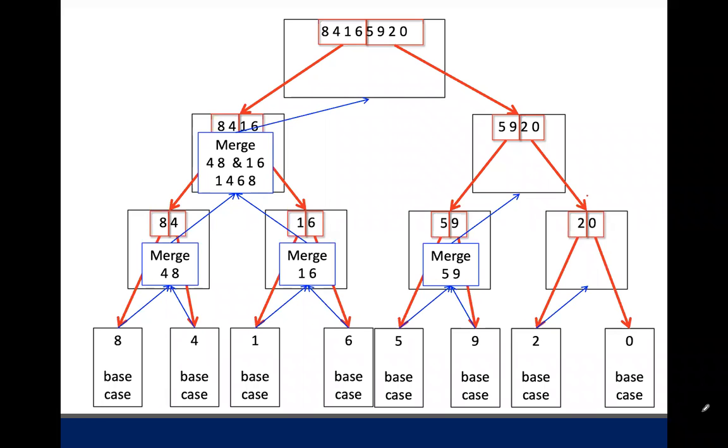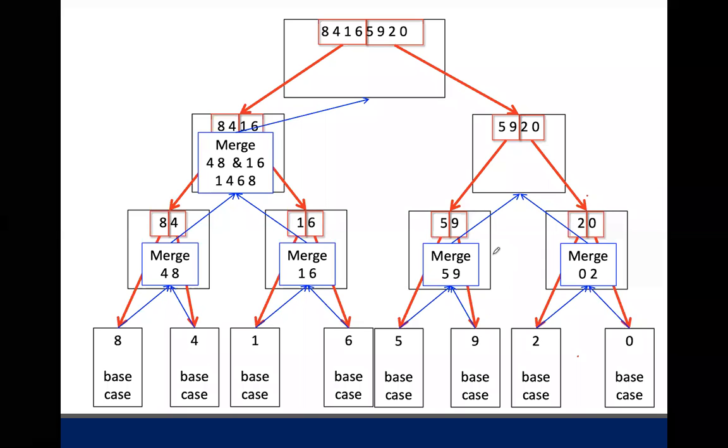Exactly, Jack. And then I do the same thing over here. Now I have these 4 sublists, each of 2 elements, but I have to merge these guys alone, and these guys alone. That's eventually going to lead to big O of n.